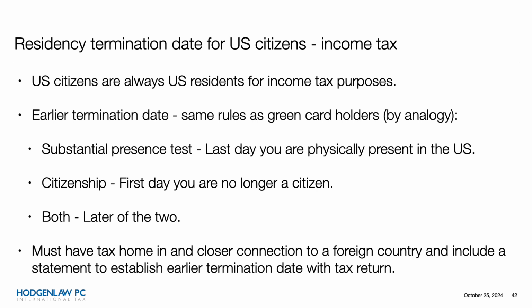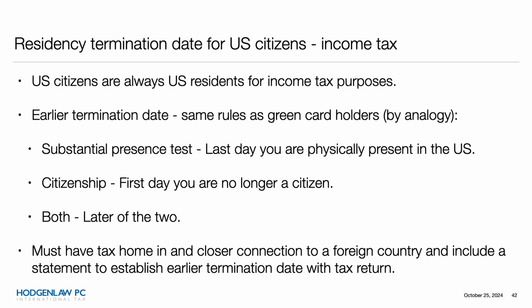Most of the time, US citizens giving up their citizenship are not going to meet the substantial presence test. I've seen it a few times. Dual citizenship is a thing. So a US citizen could be living long-term in the US and then suddenly move out of the country and terminate their citizenship.